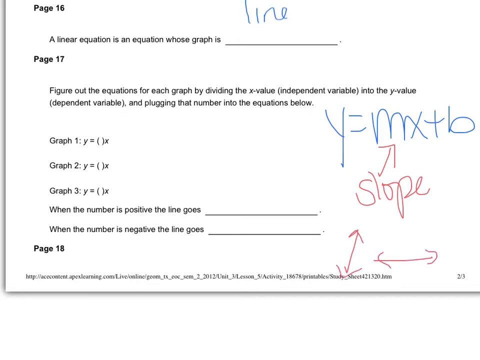It also determines whether the line points up or the line points down. And that right there, the up and down, depend on if the slope is positive or negative. So if the number of the slope is positive, the line is going to go up from left to right. And if the number is negative, then this line is going to go down from left to right.